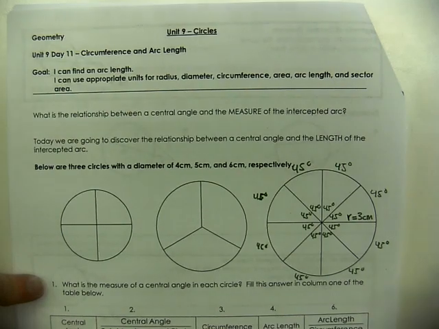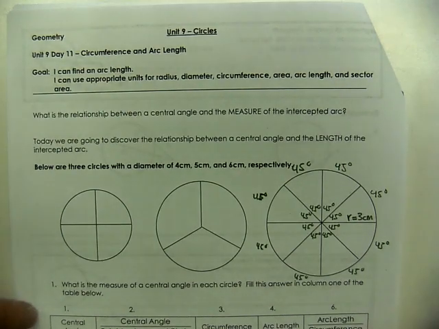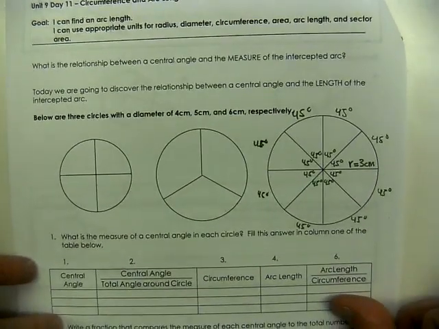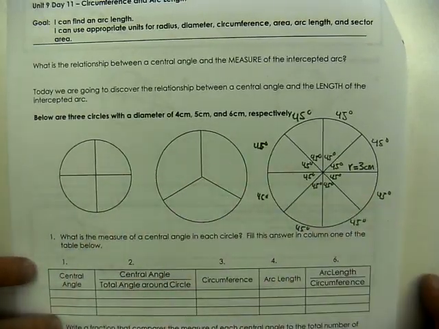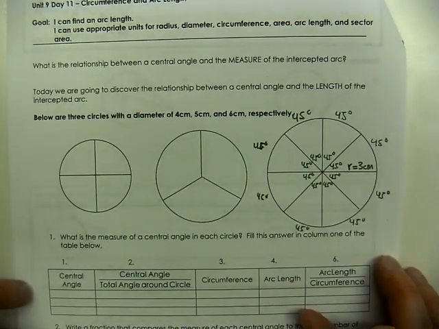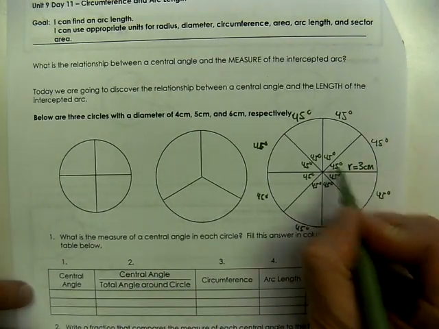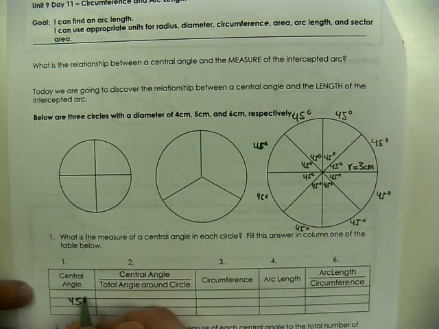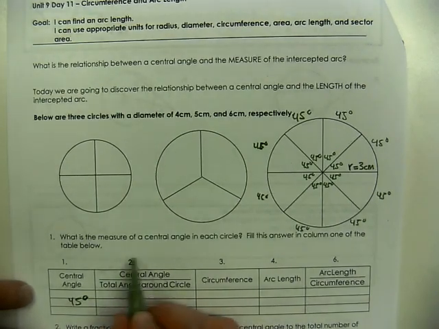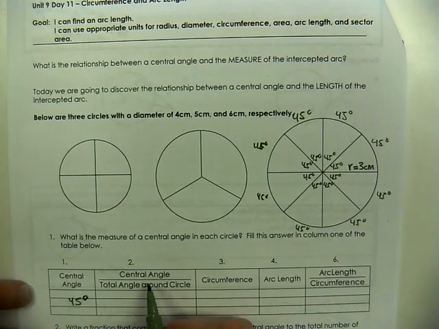So let's gather some data in this chart below. Again, this was originally set up for exploring all three circles. We'll just use the big circle. So we do know that the central angle is 45 degrees, so we figured that one out. I'll just jot that here in the middle line. What we're going to do is set up a ratio. So take a look at this ratio.